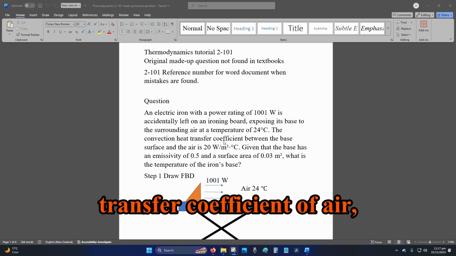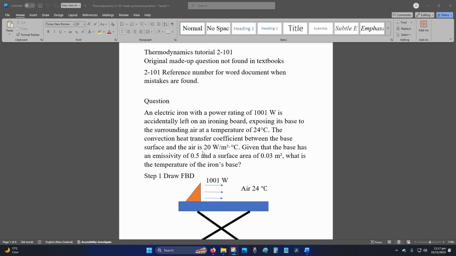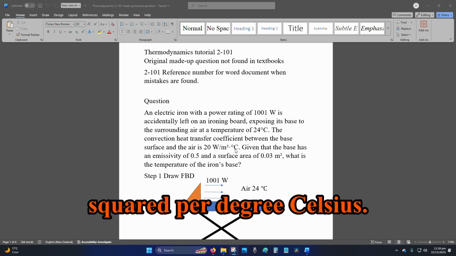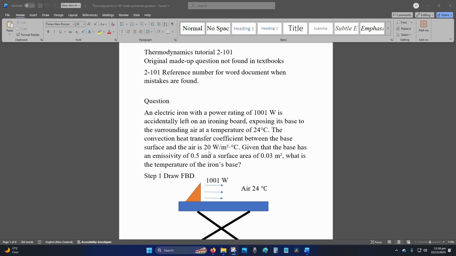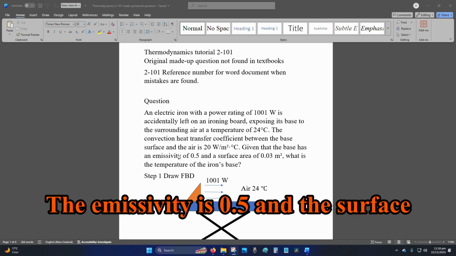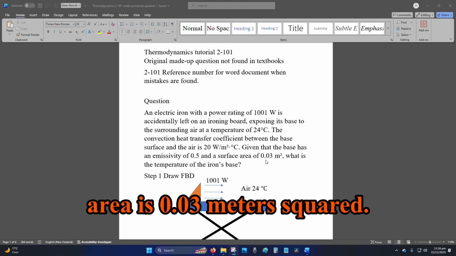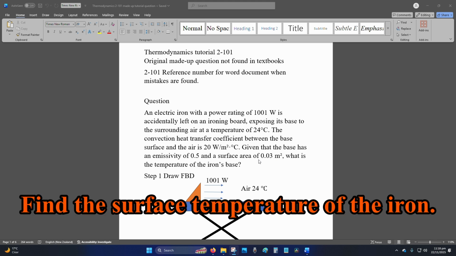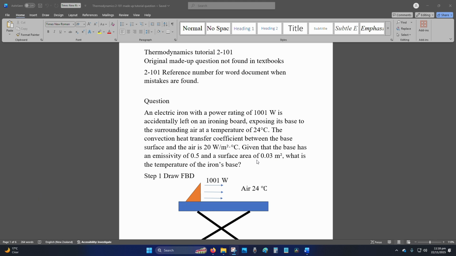We've got the heat transfer coefficient of air, which is 20 watts per meter squared per degree Celsius. The emissivity is 0.5 and the surface area is 0.03 meters squared. Find the surface temperature of the iron.